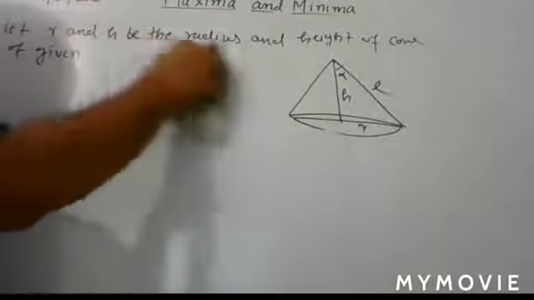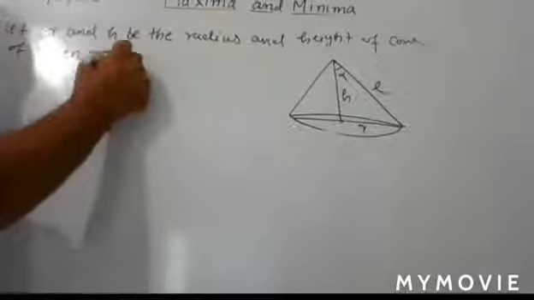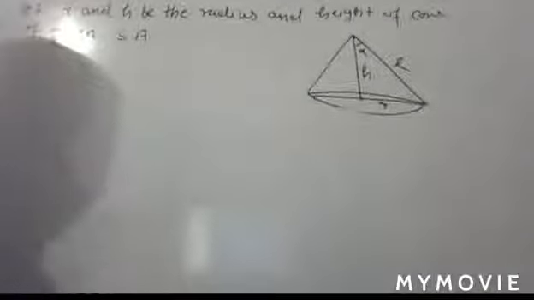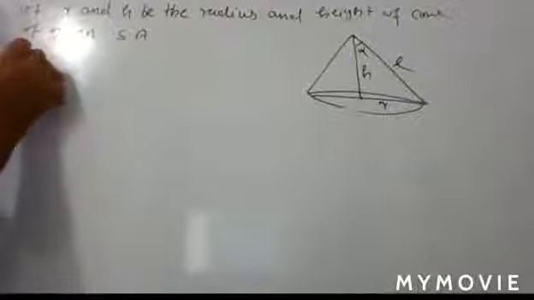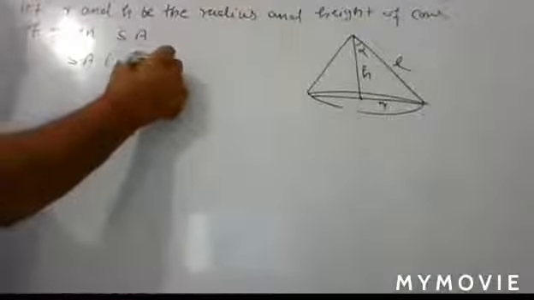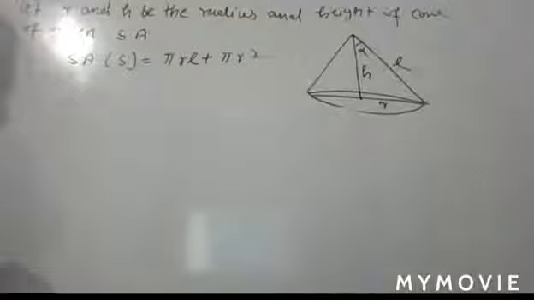Write here: given surface area. Understand? So if the surface area of this cone is given, you can very easily find that. Hence surface area S is equal to pi RL plus pi R square.